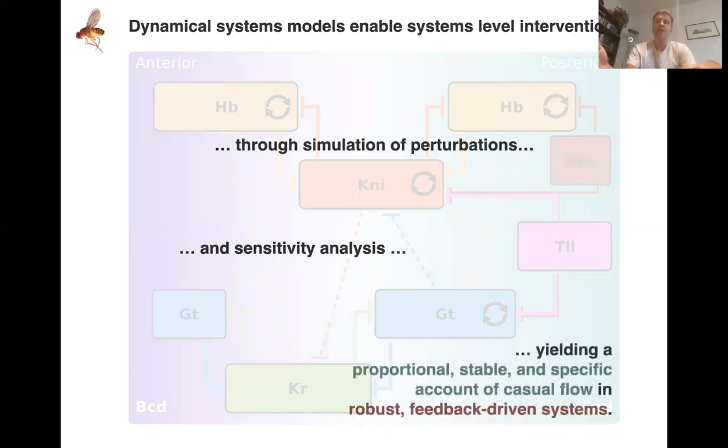Okay, so basically this approach yields a proportional, meaning relevant at this level, stable and specific account of causal flow in robust feedback-driven systems. You cannot get this without dynamical systems modeling.